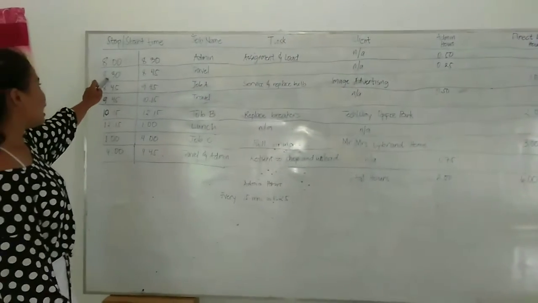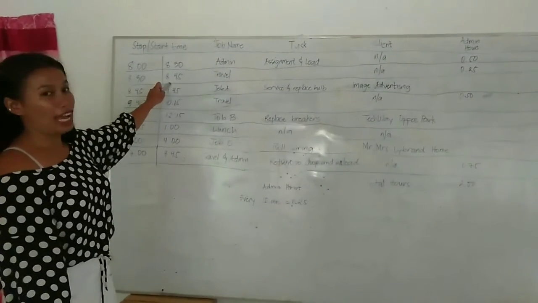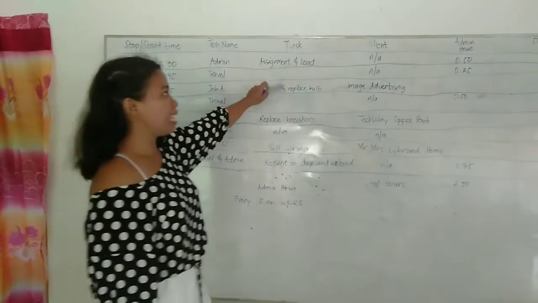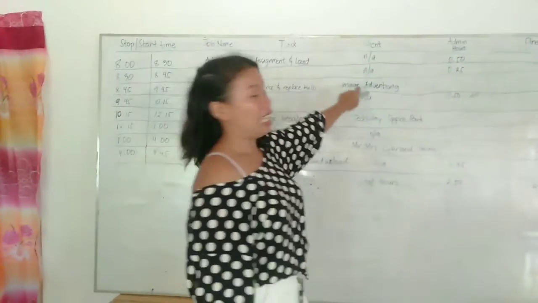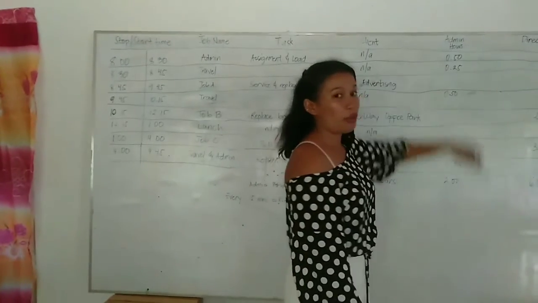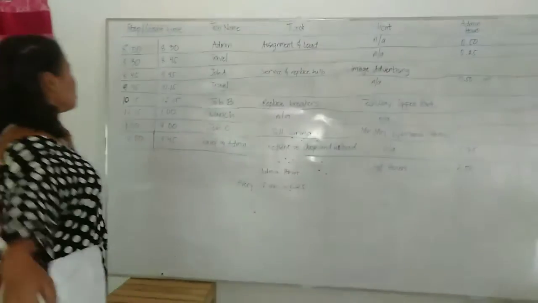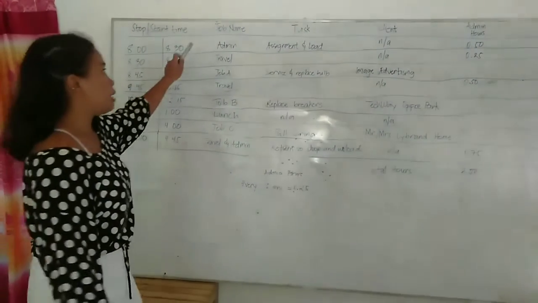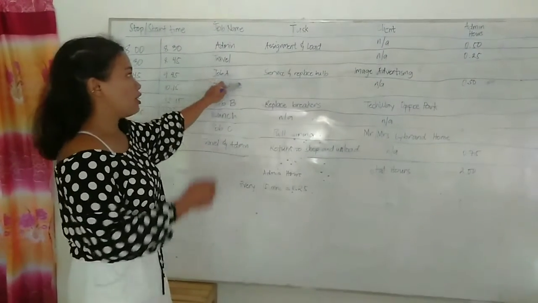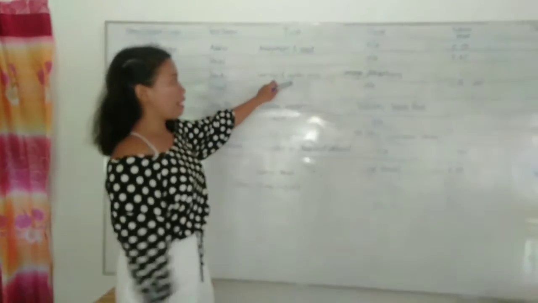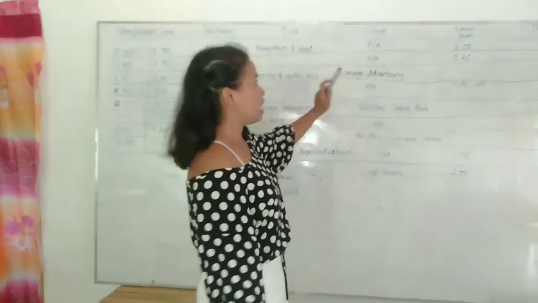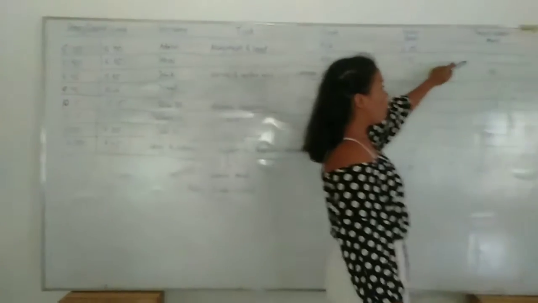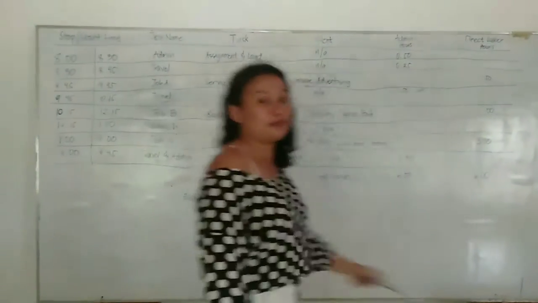From 8:30 to 8:45, the job name is travel. Task, none. Client, none. Admin hours, 0.25. From 8:45 to 9:45, the job name is job A, which is service and replace bulb. Client, Image Advertising. Direct labor hours is 1 hour.